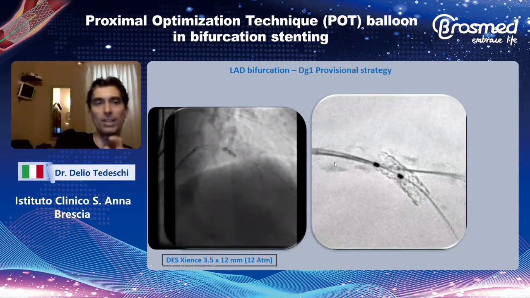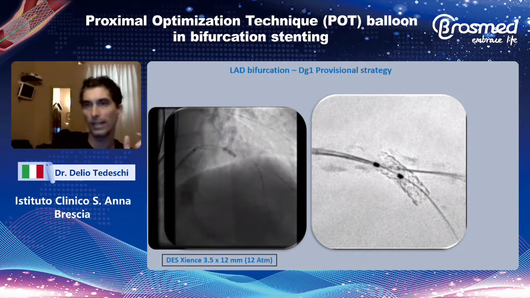And this was the shape of the drug-eluting stent before the POT. And we can see here that the stent was very precise in the position that we checked by IVUS, and the wire of the diagonal, the jailed wire, was exactly in the mid of the drug-eluting stent, in terms of length of the drug-eluting stent.